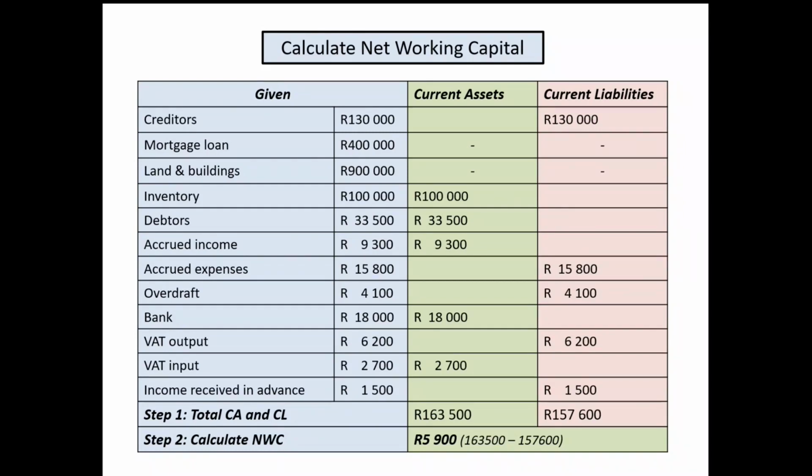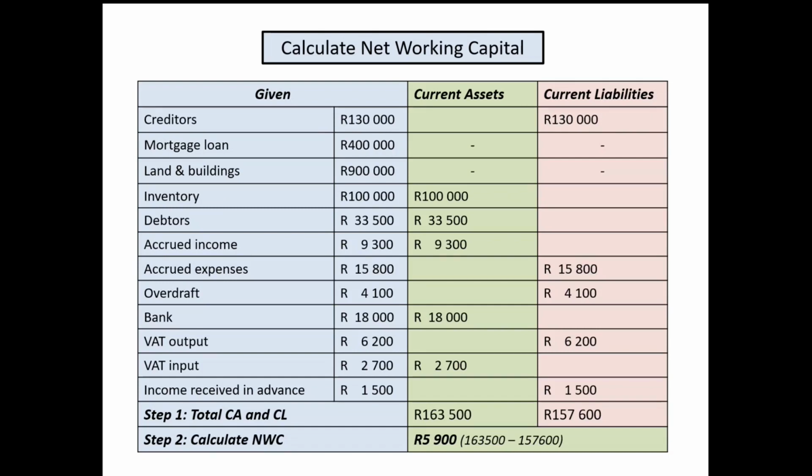If they did say to you that 50,000 or 100,000 is due in the year, then it would be a current liability. But in this case, we're just saying mortgage loan, so you can ignore mortgage loan because it is a non-current liability. Same with your land and buildings.